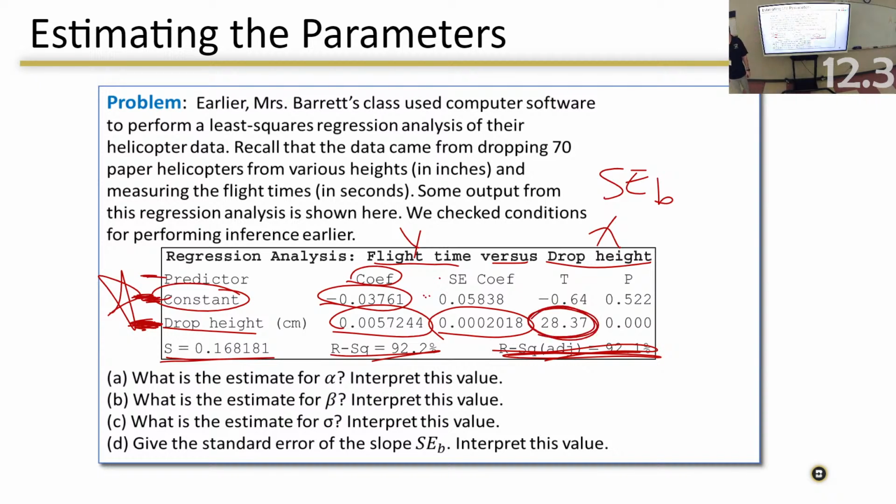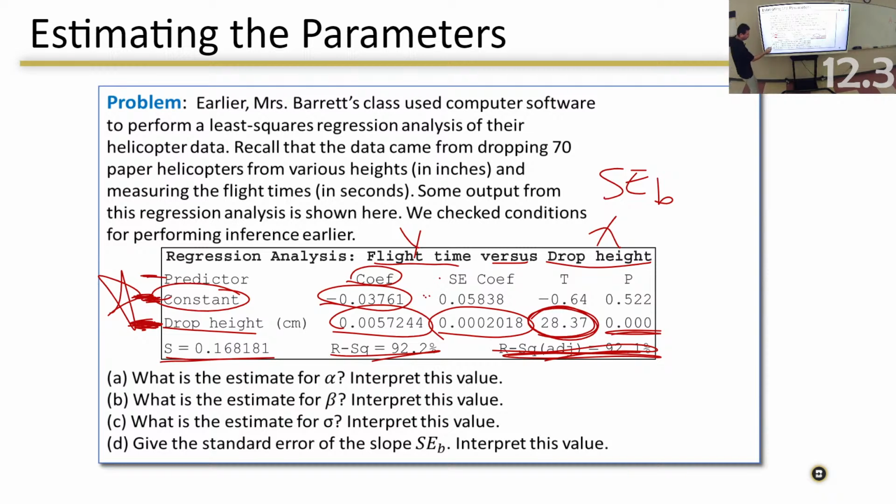These deal with T distributions. So we have Z's, we have T's, we have chi-squareds. And then that's the p-value. That makes sense. If that T is 28, that p-value better be pretty darn small. Okay? So you need to know how to extract all that information from this.